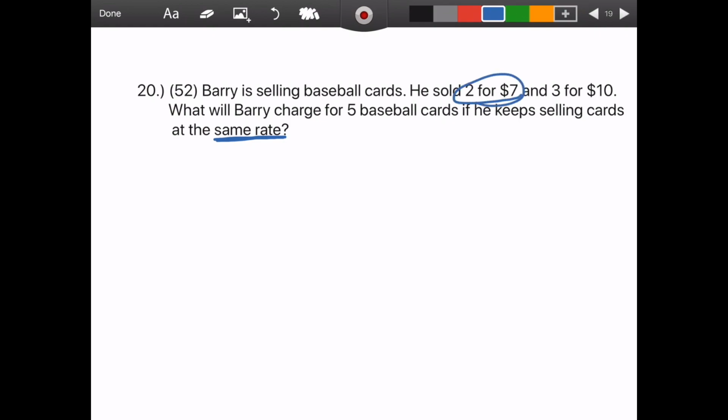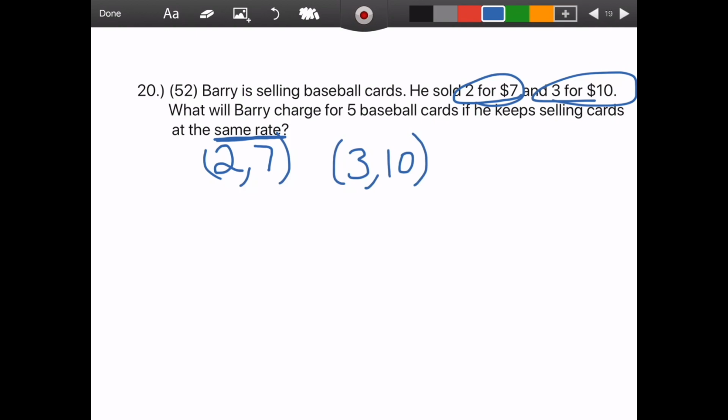So they gave us 2 points right here to find the slope. We have 2, 7 and 3, 10. So the slope, we find our difference in our y's over the difference in the x, and that's 3/1, or just 3.